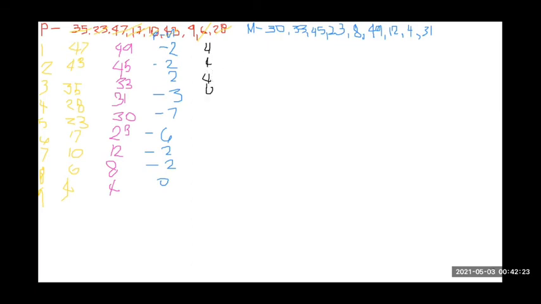Negative 3 squared is 9. 49. 36. 36. 4. 4. And 0.